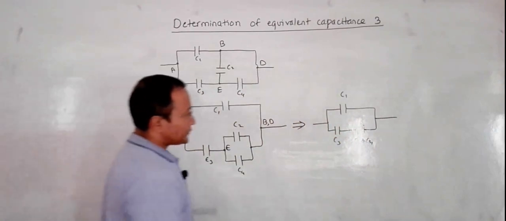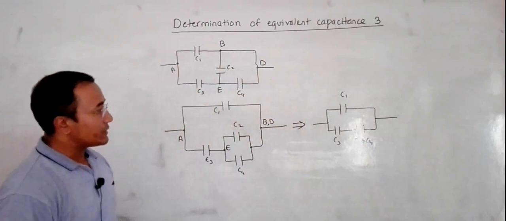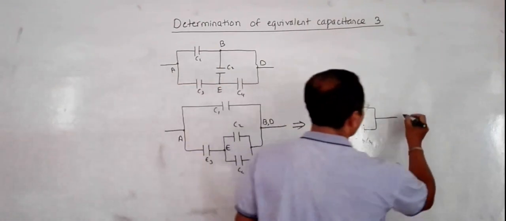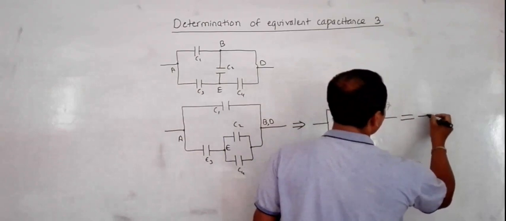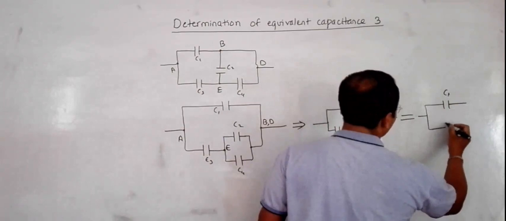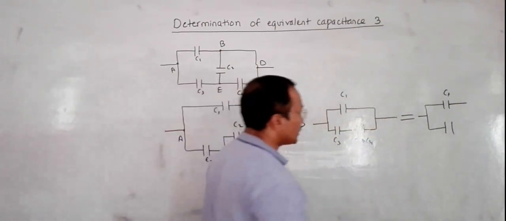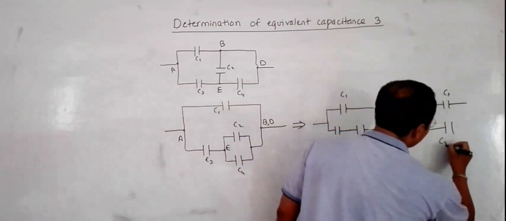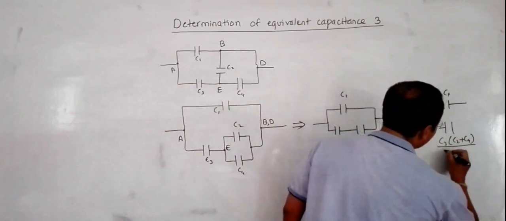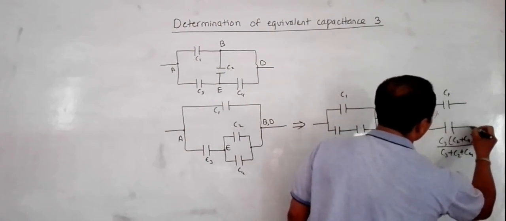So now this arrangement will be the series of C3 and C2 plus C4. So this is the capacitor C1, and from here it will be the series of C3 and C2 plus C4. So its value will be equal to C3 into C2 plus C4, over C3 plus C2 plus C4.